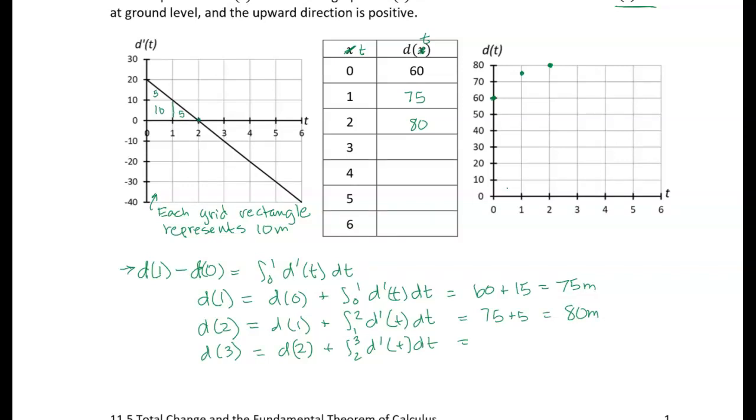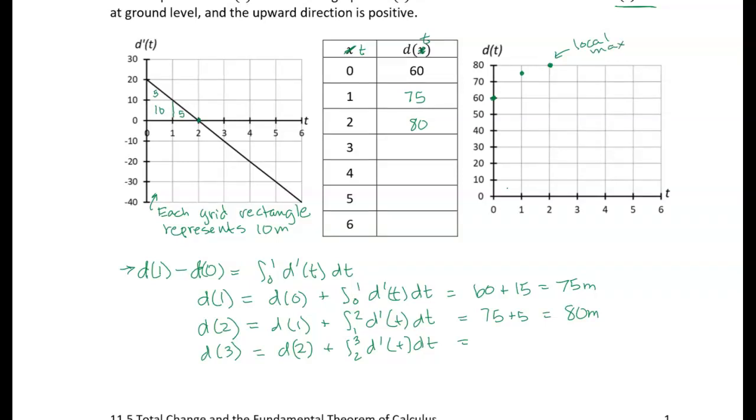So this is sort of our critical point of the displacement function, right? This is where the displacement stops increasing and starts decreasing. So our maximum occurs here. We call it our local maximum, but it's also the maximum of the function.